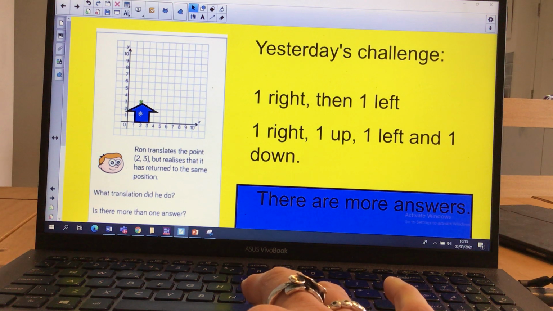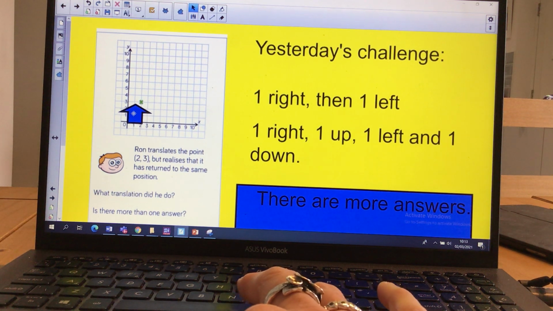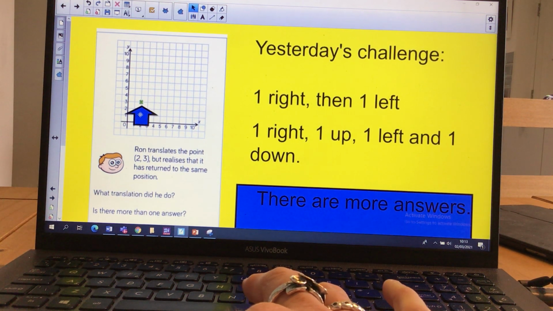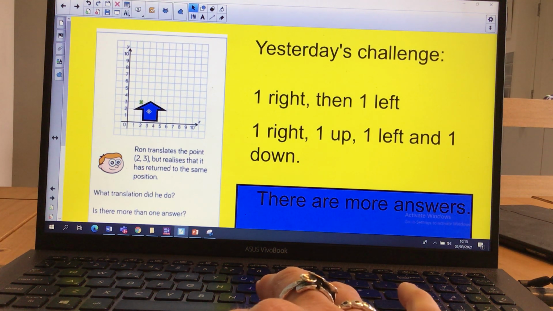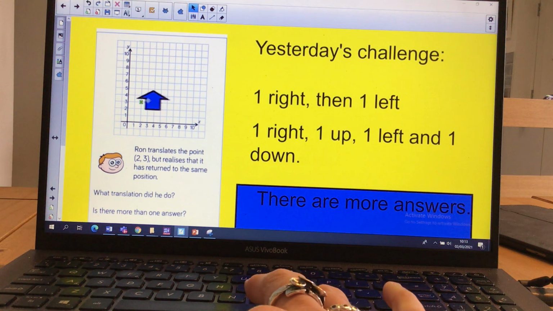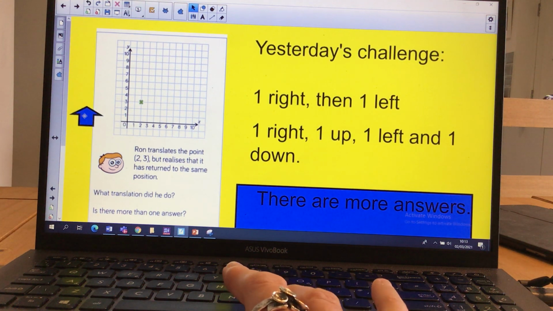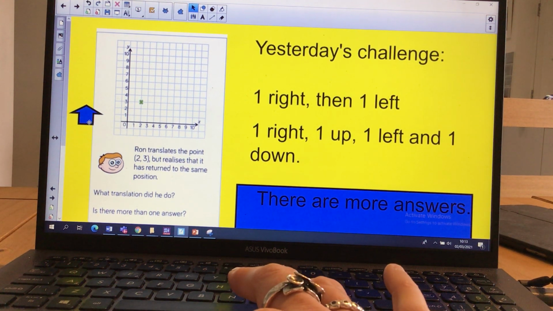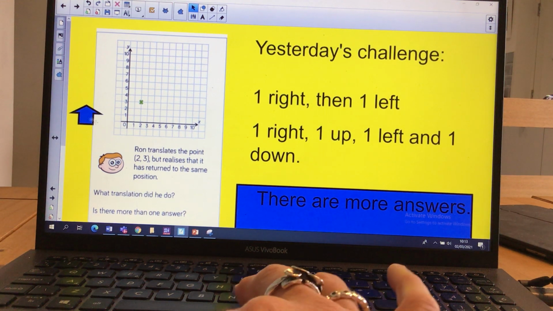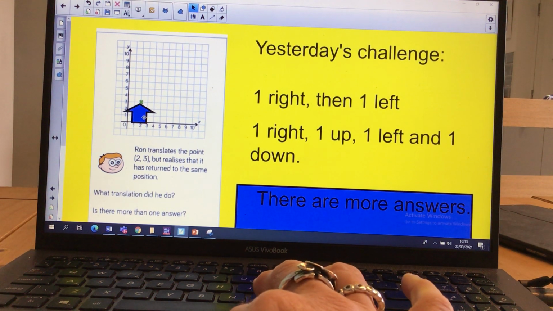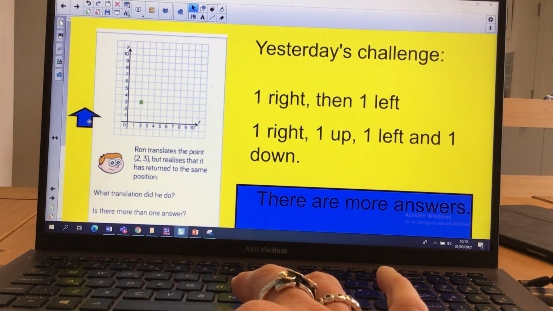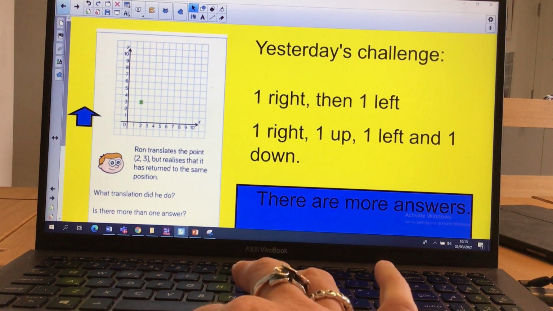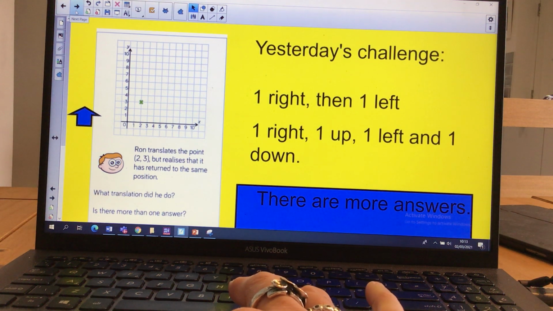You could go down first and then round in a little circle like that. Or you could even translate it more than one space. You could say, 3 to the right and then go round in a big circle like that. There are lots of different answers to that question. But just so you know, you can translate a shape such that it moves but then ends up back where it started. A bit of a trick question, really, that one. I hope you had fun with it.